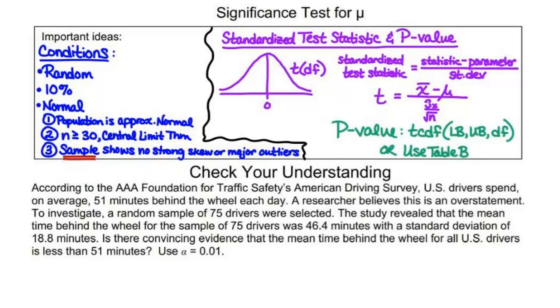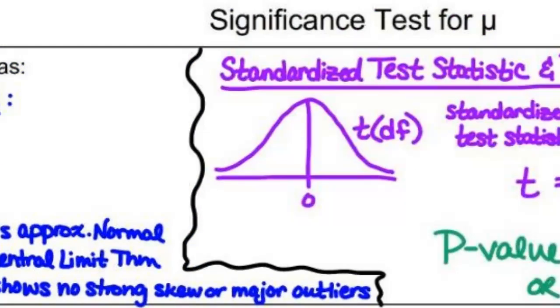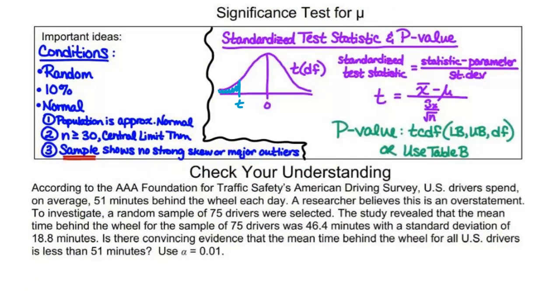You put your test statistic, your t-value, on the picture. Let me actually add that to my picture here. That's where t would go, or on the other side, depending on how big or small your t-value is.